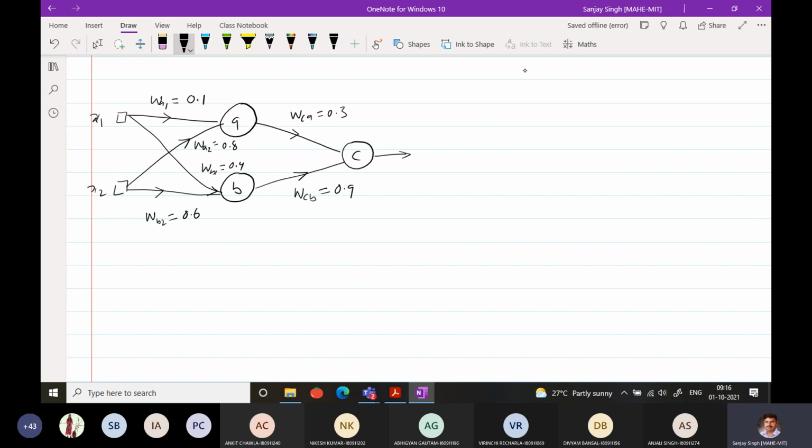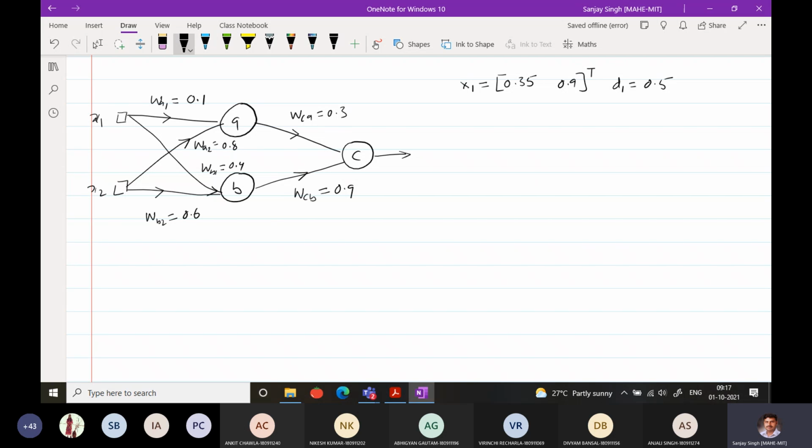What is given to you is one particular example which is having 0.35 and 0.9, and your corresponding D value is 0.5. You are required to find the updated synaptic weights.